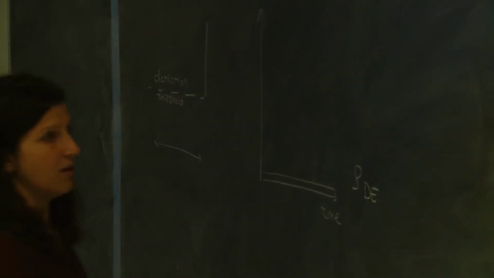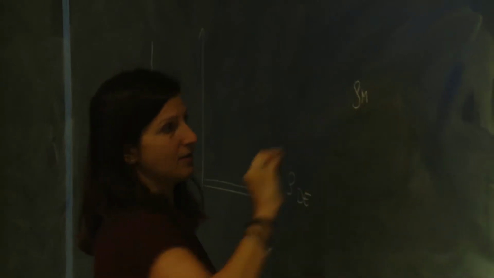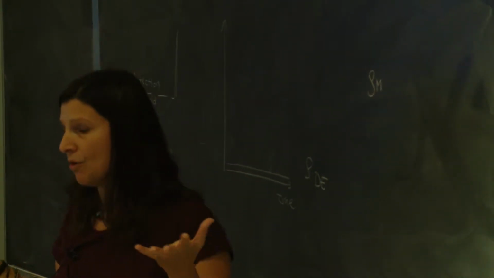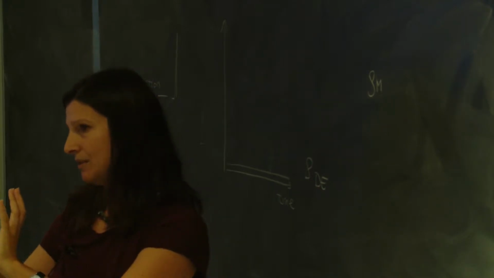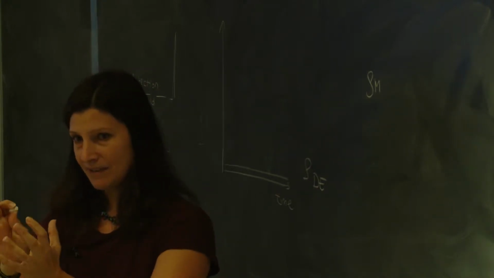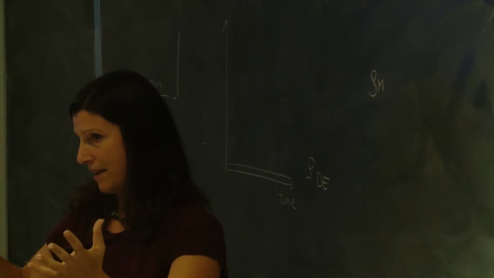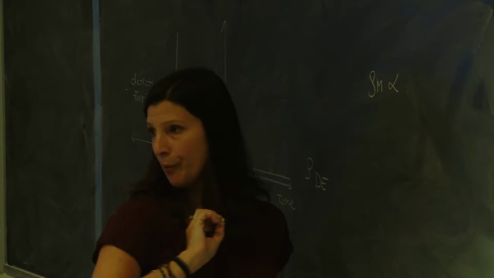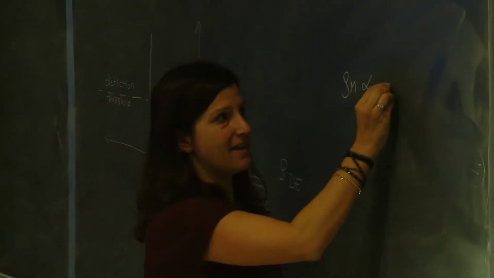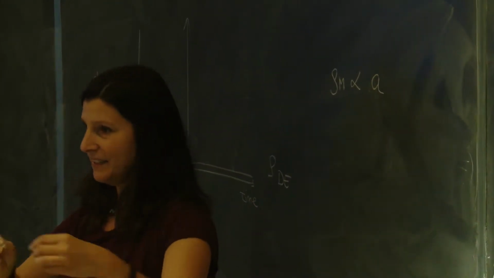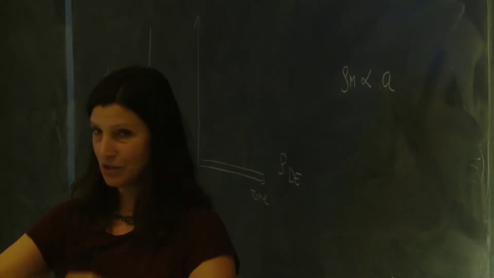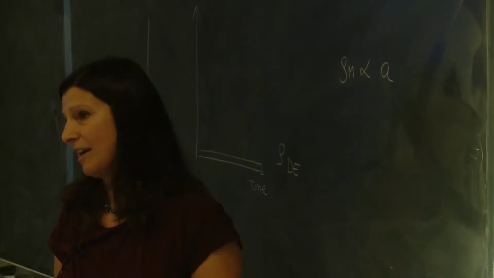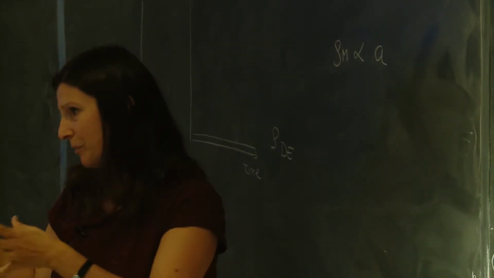When you look at matter, we can think about ordinary particles. If the number of particles is constant, then as the universe expands, the density will be proportional to the inverse volume.